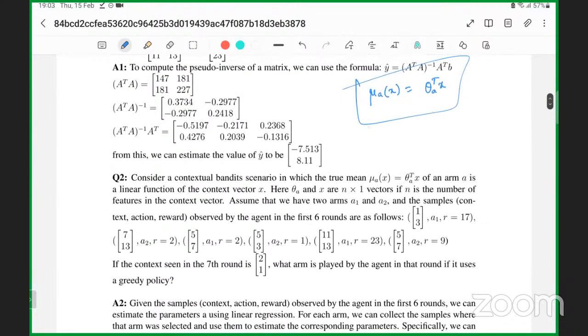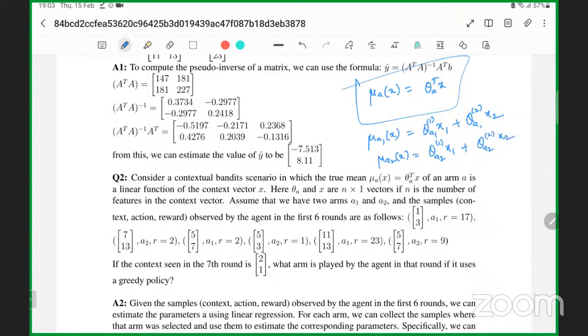2, okay. So you have mu a1 of x is theta a1 of 1 x1 plus theta a1 of 2 x2. So this is 2 parameters for arm 1, and similarly for arm 2.